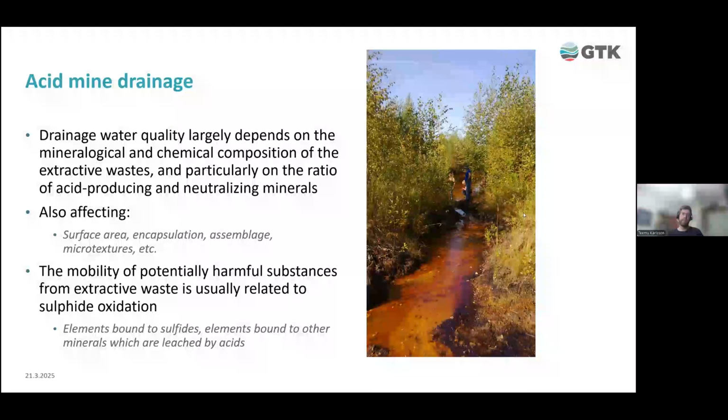The quality of the water that drains out of the extractive waste largely depends on the mineralogical and chemical composition of the waste material, especially on the ratio of acid-producing and neutralizing minerals.